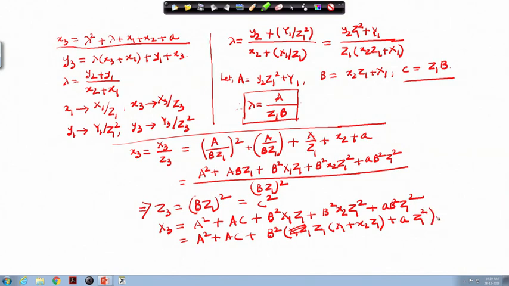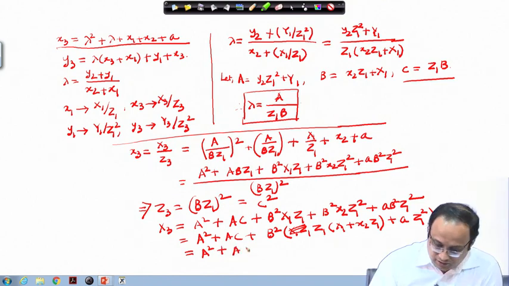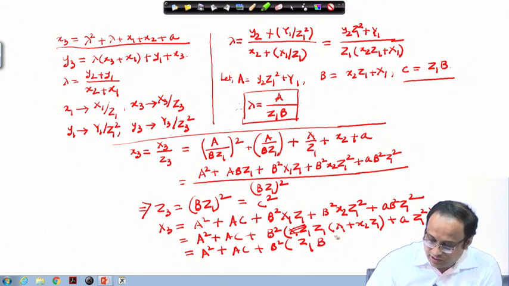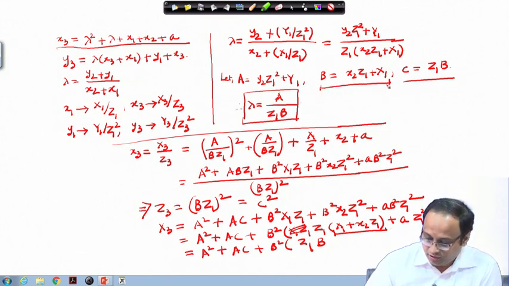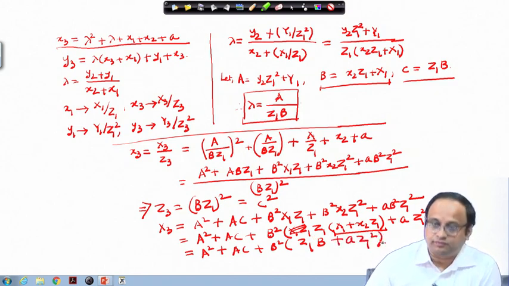This I can write again as A square plus AC plus B square, because this part is nothing but B as written here, so this is my capital B. So, B square into Z1B plus A Z1 square.